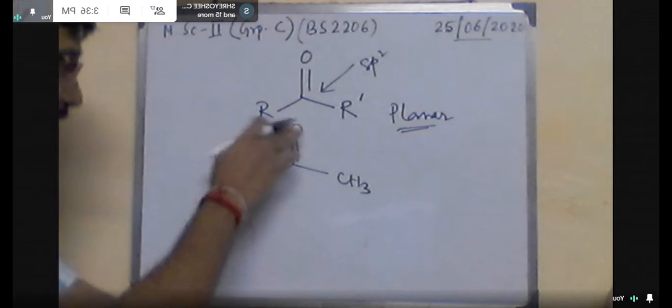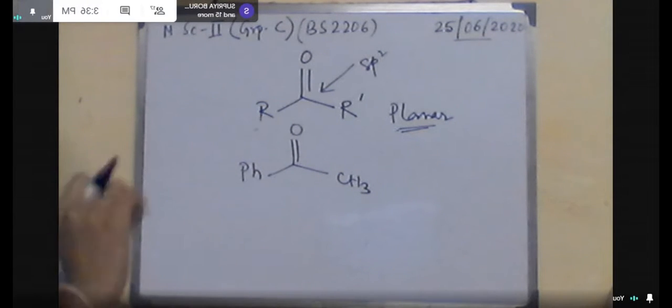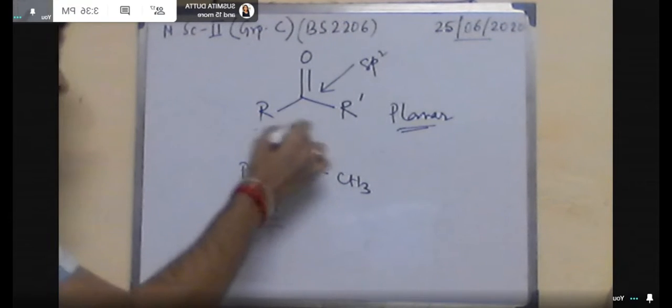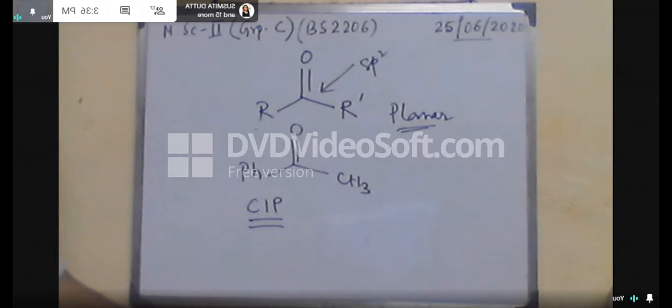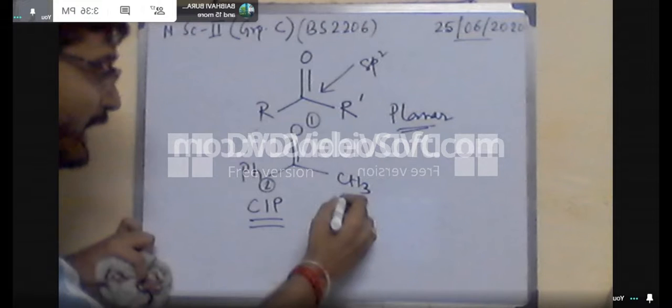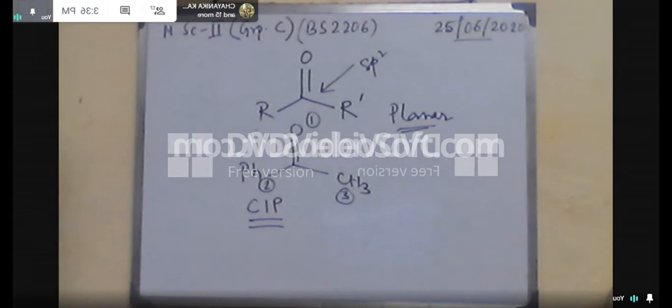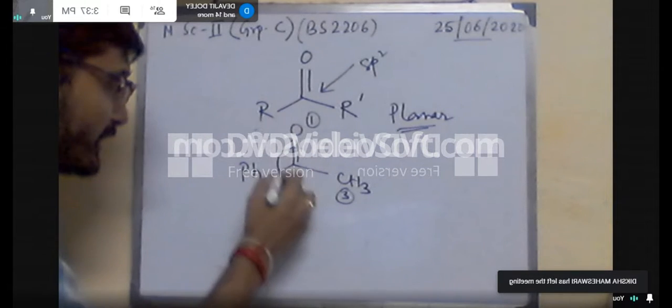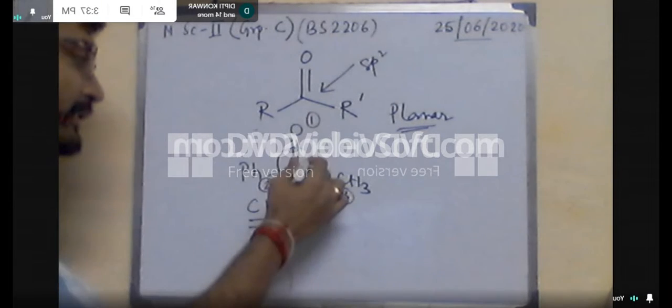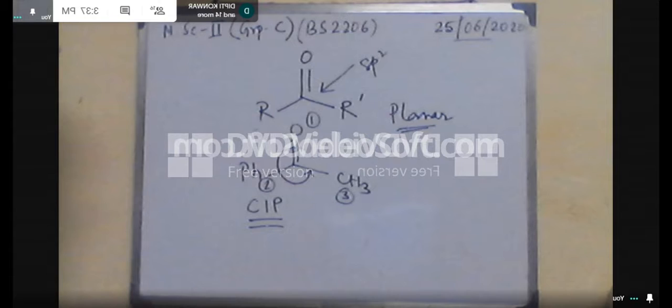That means we are numbering according to the priority order of the substituents as well as the atoms. So here this is 1, this is 2, and this is 3. As a viewer from the front side, you can see this rotation is anti-clockwise. Now this molecule is achiral because there is a plane of symmetry. So if the plane of symmetry is retained, there is no question of chirality. So no center of chirality is there.